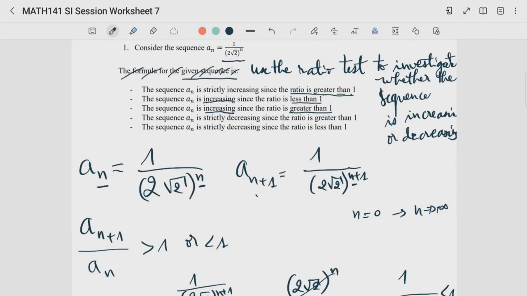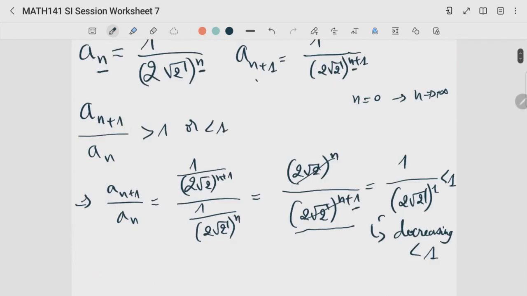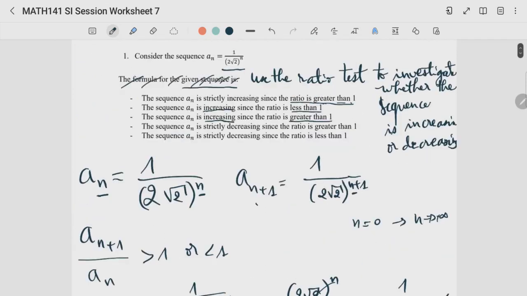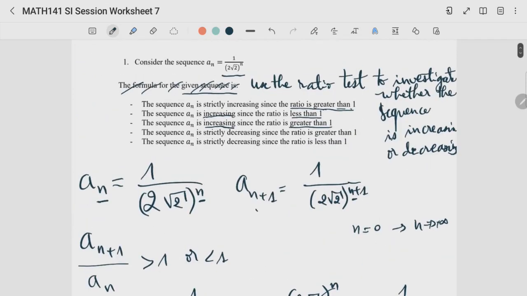So we know that the sequence is strictly decreasing. That means that the correct assertion here is 5. The sequence is strictly decreasing since the ratio is less than 1. Okay, so that's the correct answer.